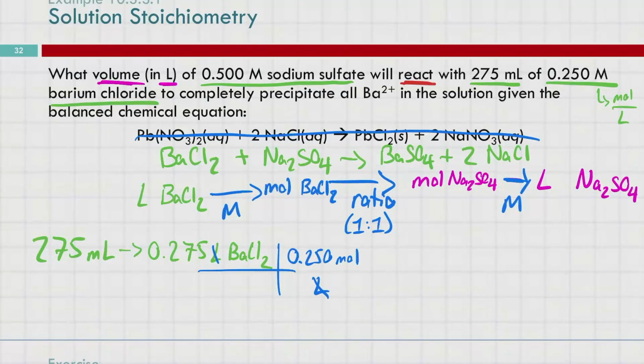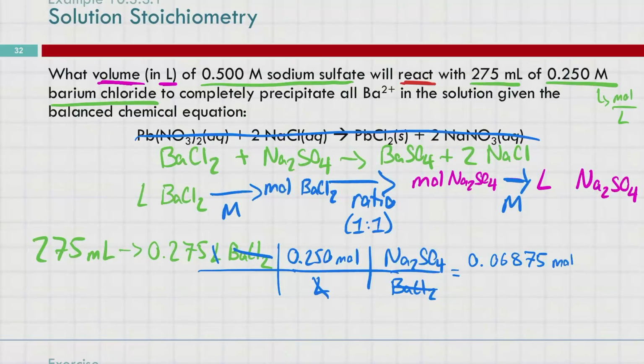And then our ratio of 1:1, nothing changes except our chemical. So the barium chloride gets canceled out. We've got moles of sodium sulfate. I'll just go ahead and get that number for us. 0.06875 moles sodium sulfate.